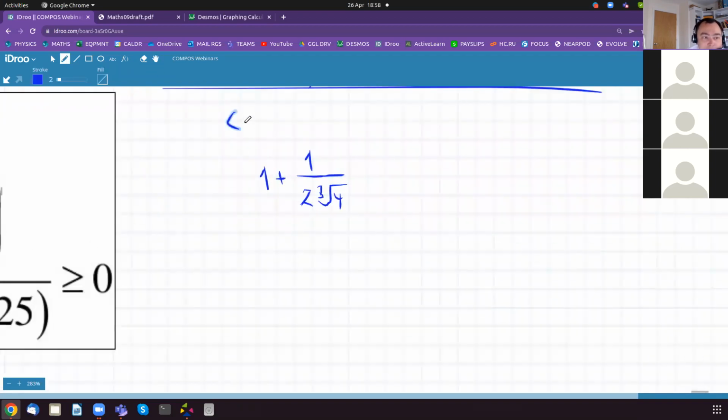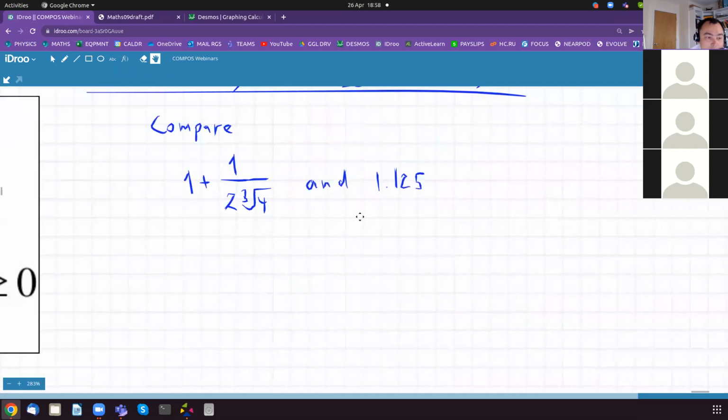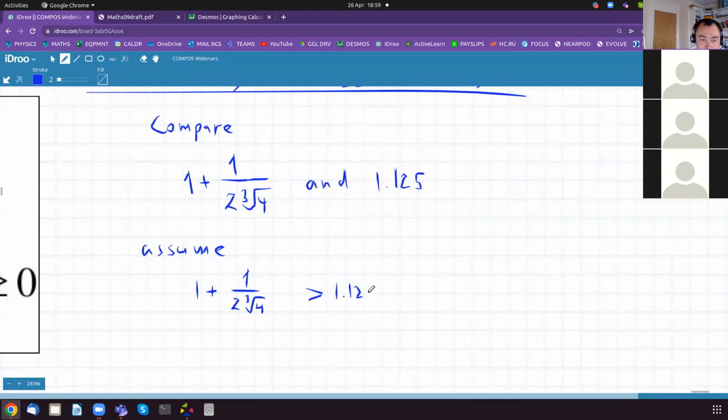So compare it and 1.125. Okay, let's compare it with the first number. Well, we assume 1 plus 1 over 2 cube roots of 4 is greater than 1.125.